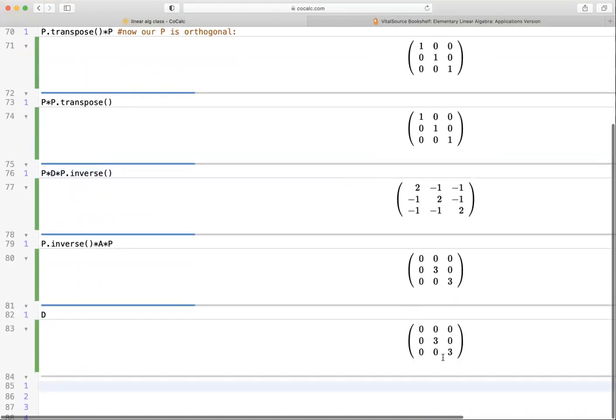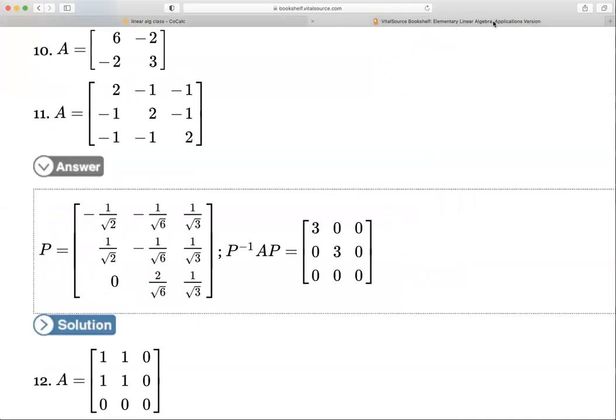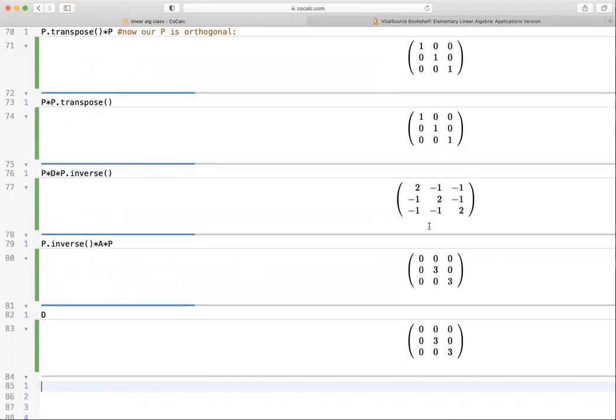So they've listed the eigenvalues in a different order, and you also might find a different basis for each eigenspace, so basically there's more than one possible answer. But how do I know this answer is correct? Well, I just now checked that P times D times P inverse is the original matrix A, or equivalently P inverse times A times P is a diagonal matrix.